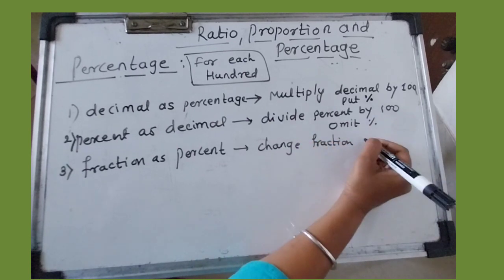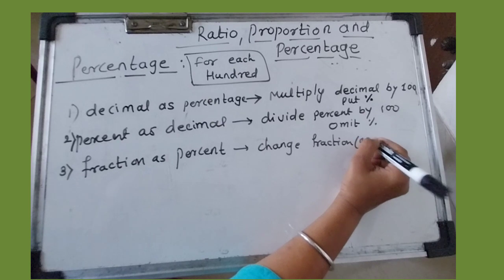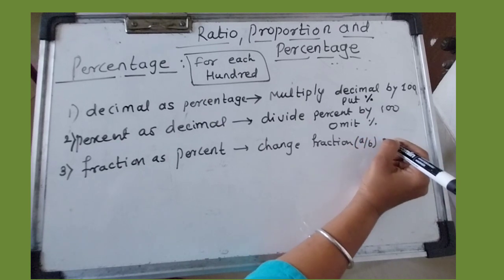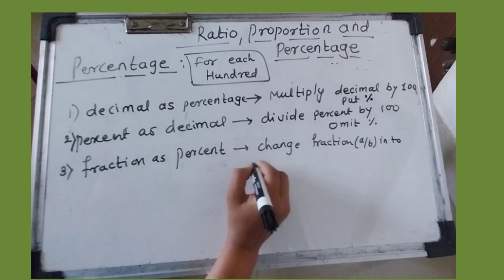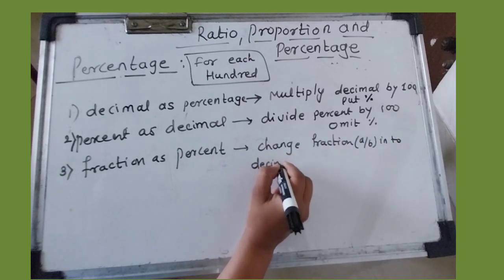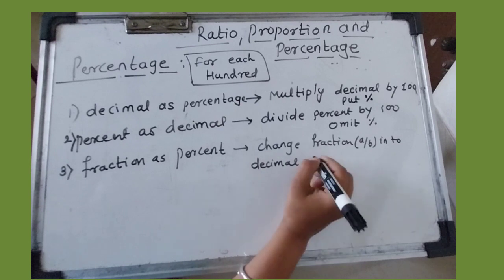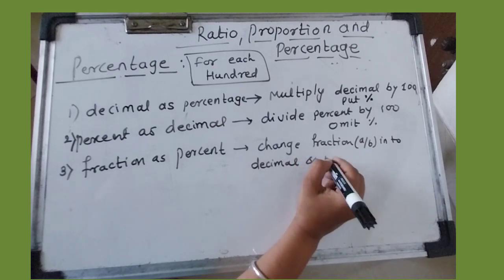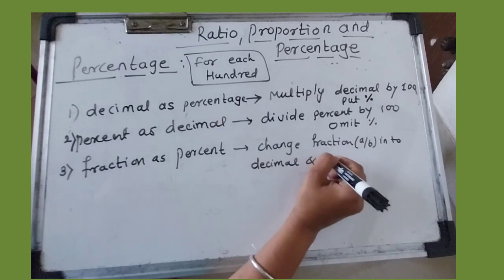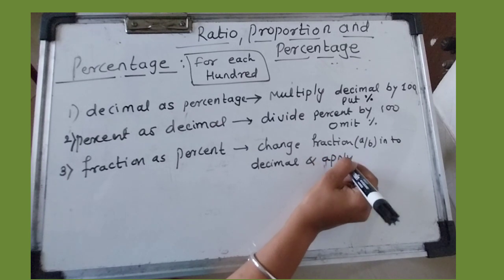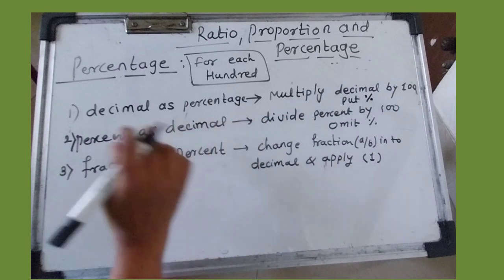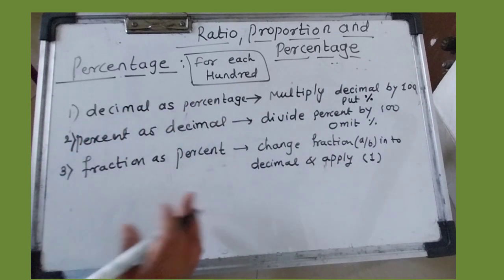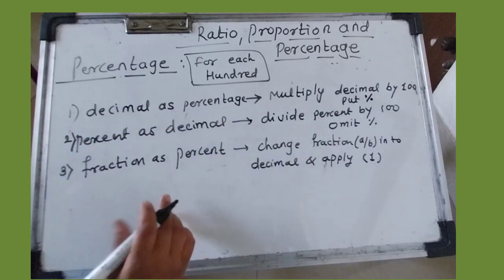A upon B. Change the fraction into a decimal and apply rule first, decimal to percentage.